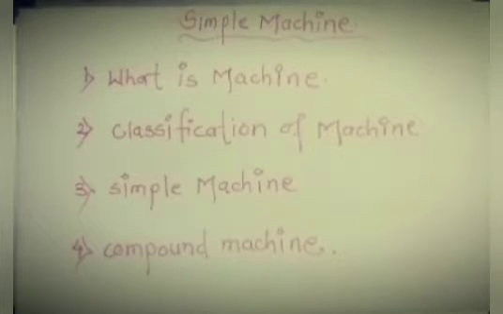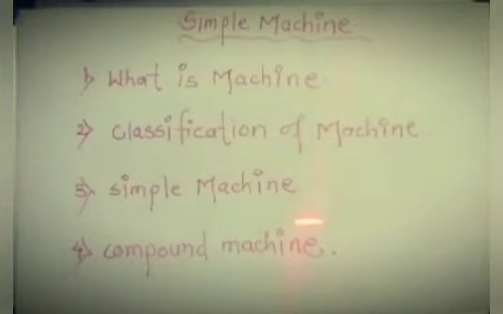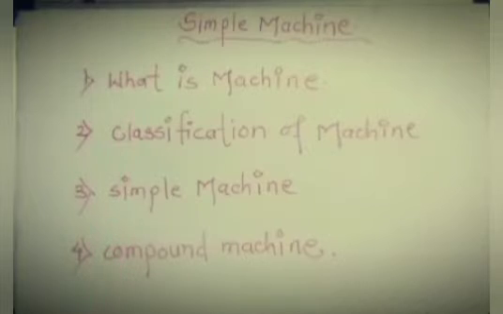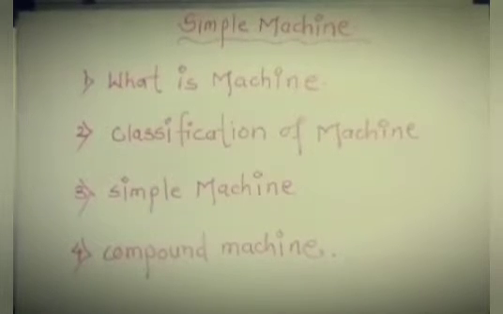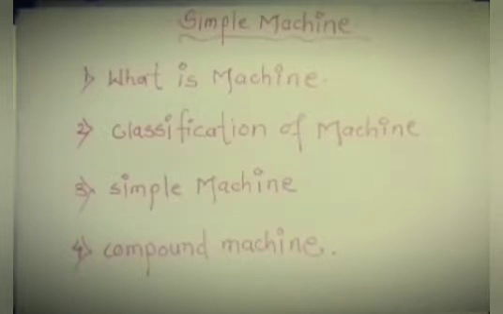In simple language, a compound machine involves a number of simple machines, because it involves a number of mechanisms. It has a number of points for lifting a load or applying the effort, so it consists of a number of simple machines. A simple example of a compound machine is the lathe machine, where we can perform several operations.